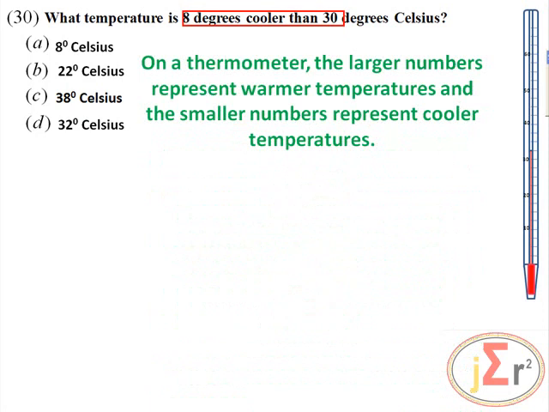On the thermometer, the larger numbers represent warmer temperatures. The smaller numbers represent cooler temperatures. So we have the hotter temperatures at the top and the cooler temperatures closer to the bulb of the thermometer.